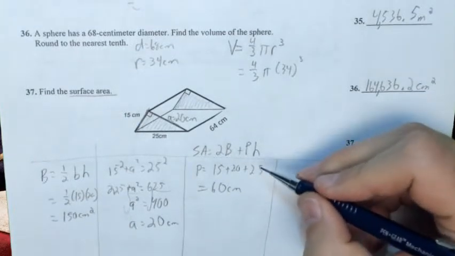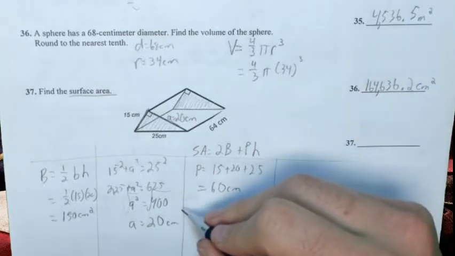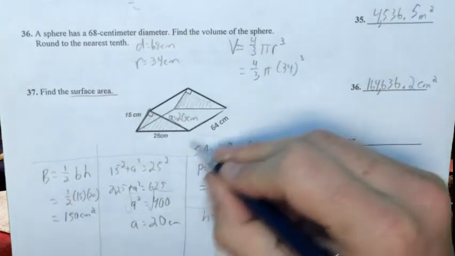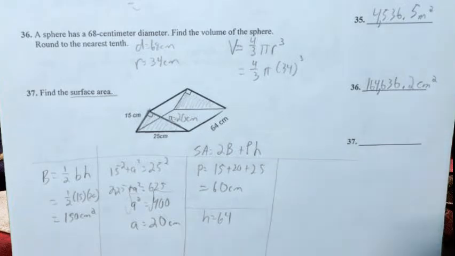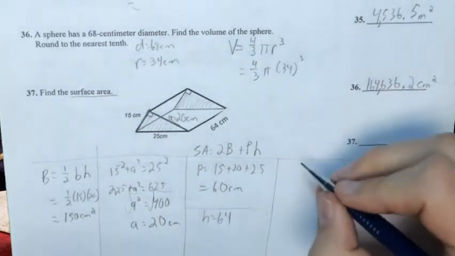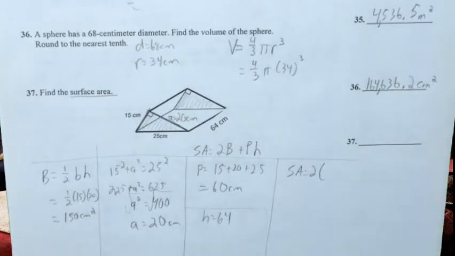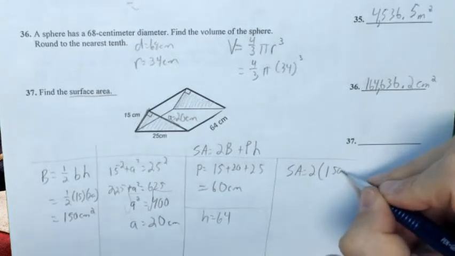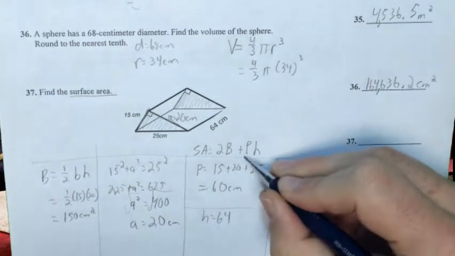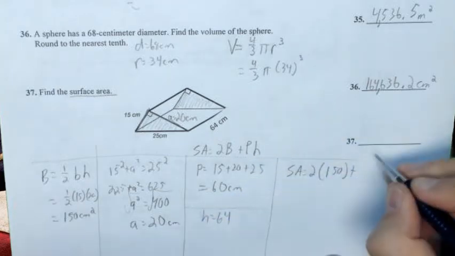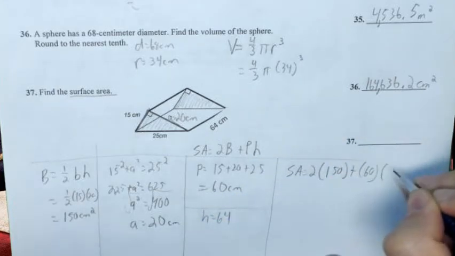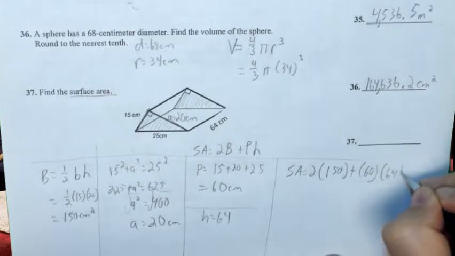And now I can plug all of those in. Well, I guess H here is the distance between the two bases, which is 64. And that means that my surface area is 2 times area of the base, which is 150, plus perimeter, which is 60, times the height, which is 64.